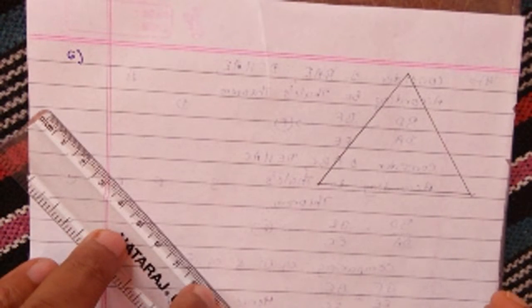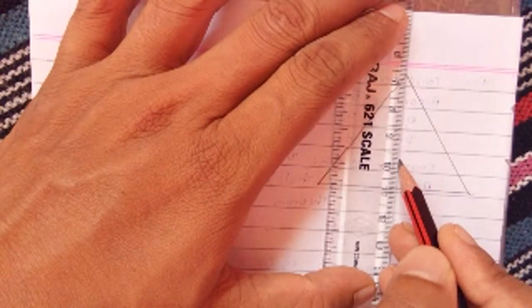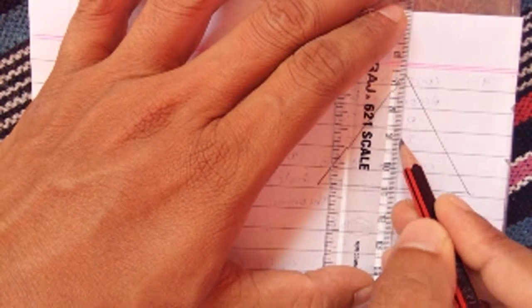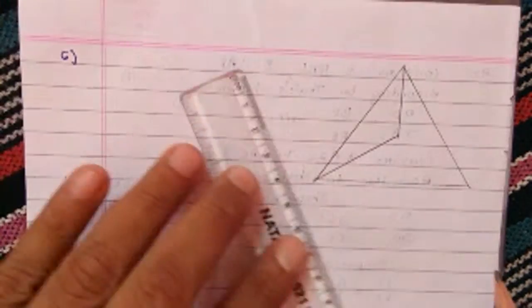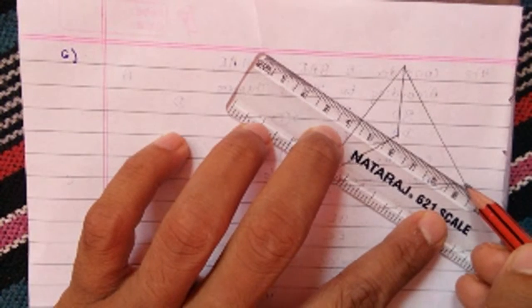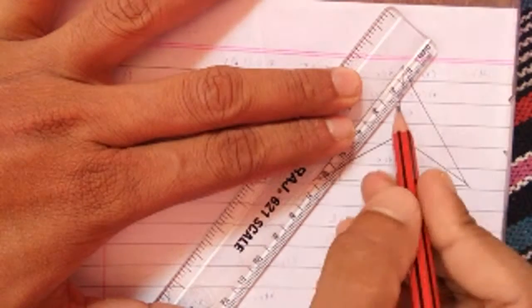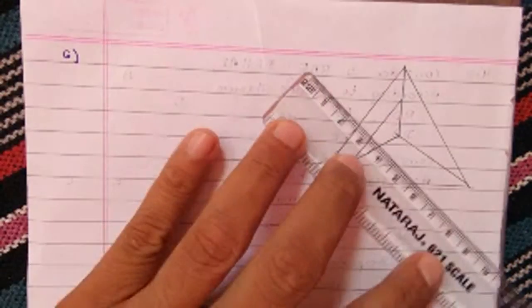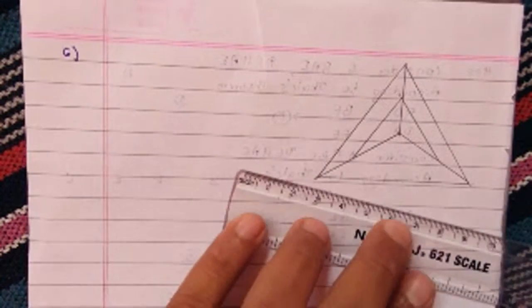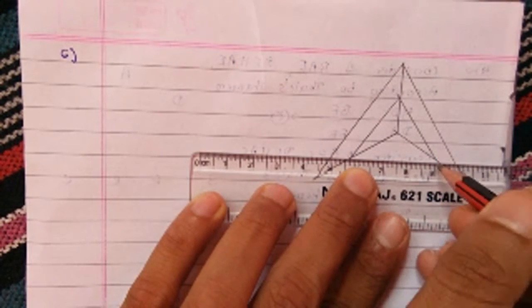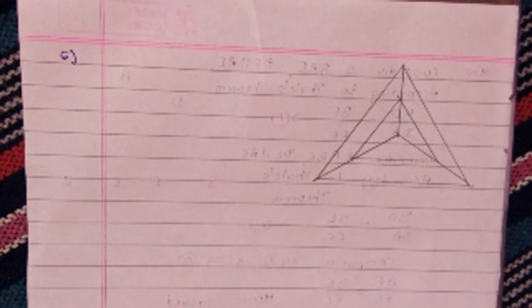You have to draw simultaneously and you have to solve also simultaneously. Problem number 6. I'll mark the points.